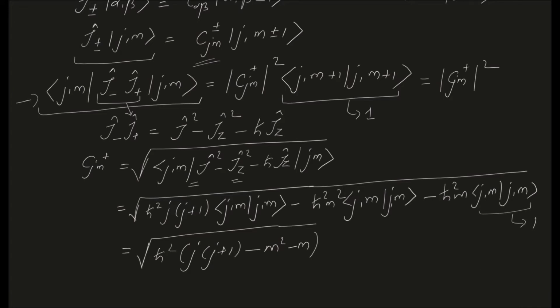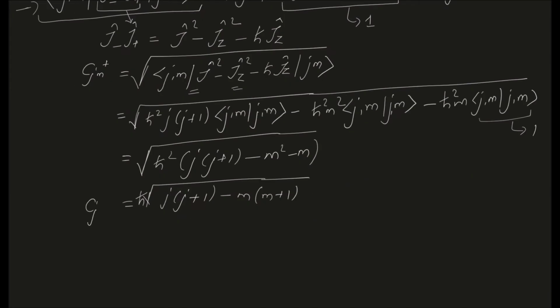We can take h cross outside, so this will be h cross times the square root of j into j plus 1 minus m square minus m, and m square plus m can be written as m into m plus 1. This is the expression for Cjm plus.